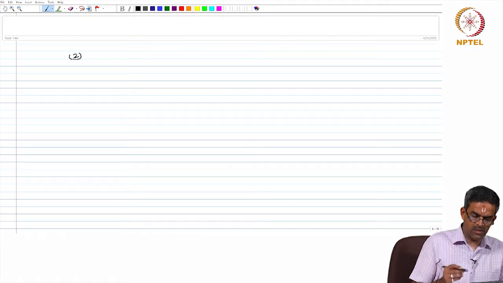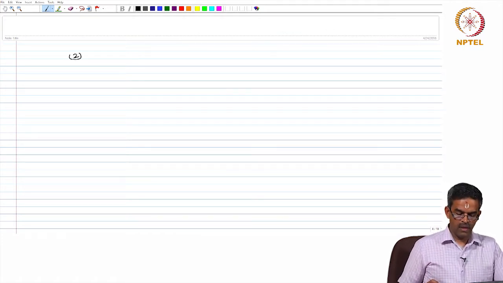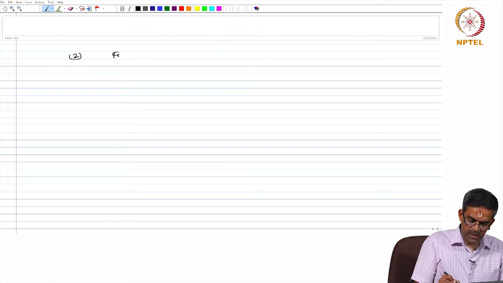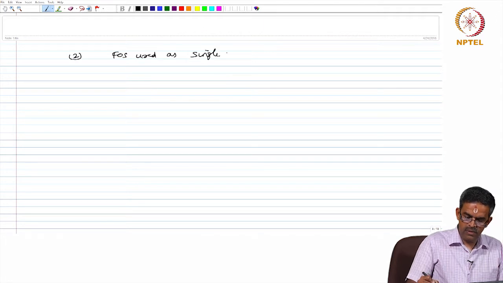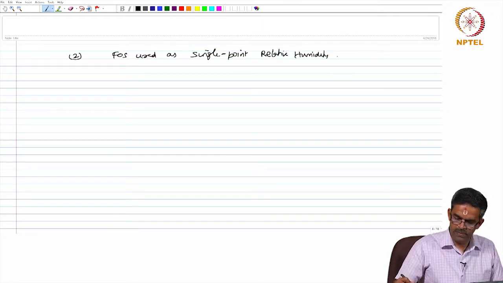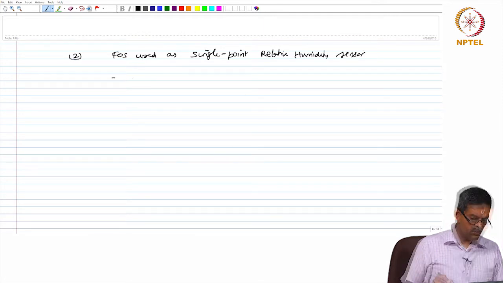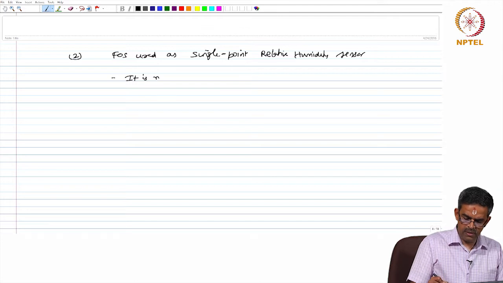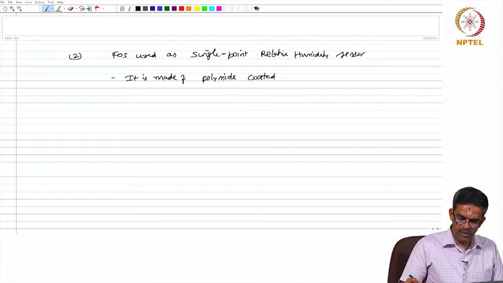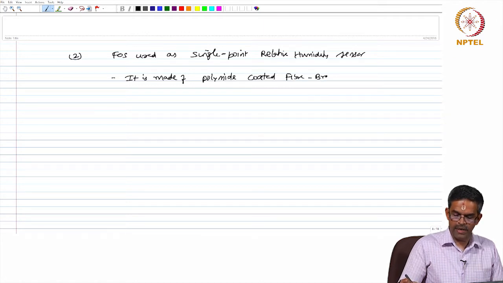The second application which is commonly used in health monitoring related to relative humidity is fiber optic sensor used as single point relative humidity sensor. This sensor is made of polyimide coated fiber Bragg grating.